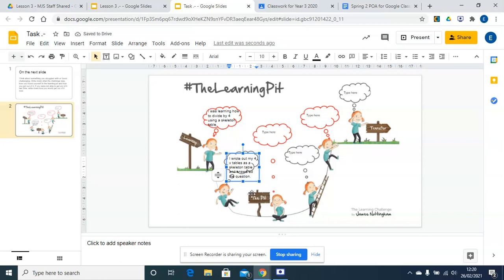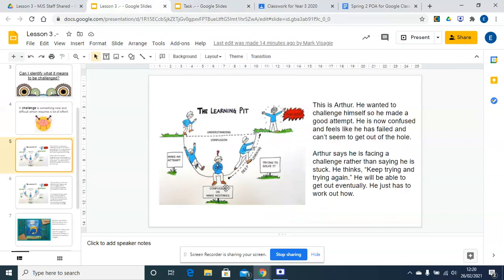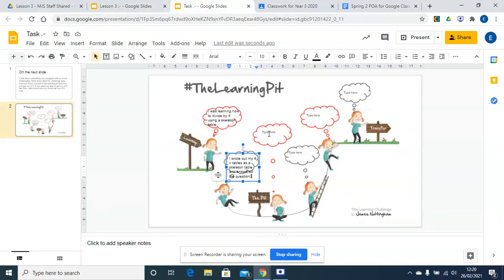Then this is where we get to the deep part of the pit. So this is where you were confused or you'd made a mistake. So maybe here is when an adult marked your work online and said that you had a correction to make, to go onto your work and correct. So then that's when you were in the pit because you were confused why your answer was wrong.